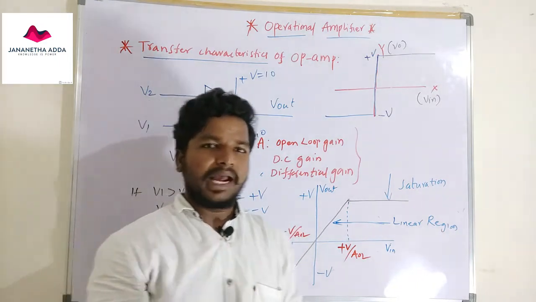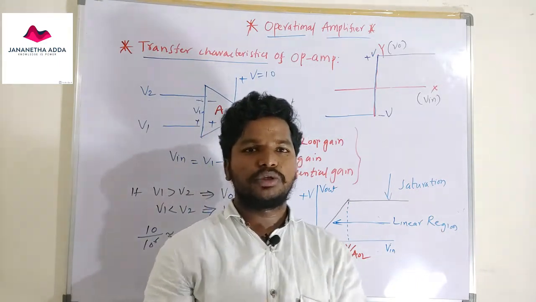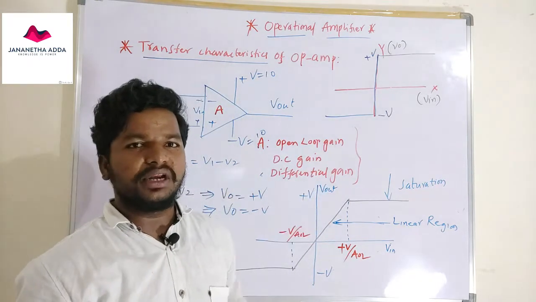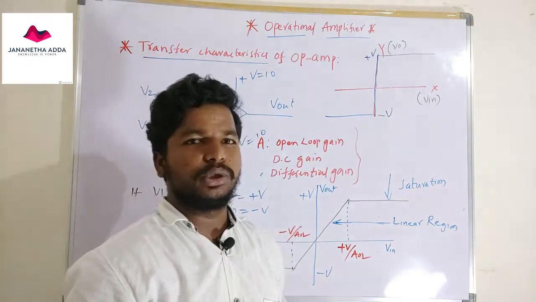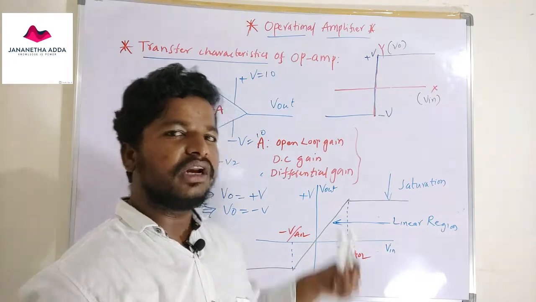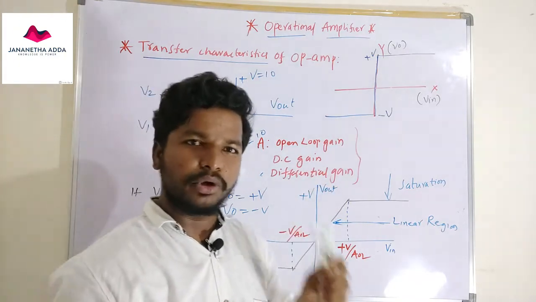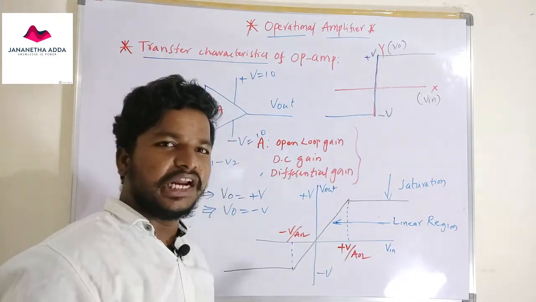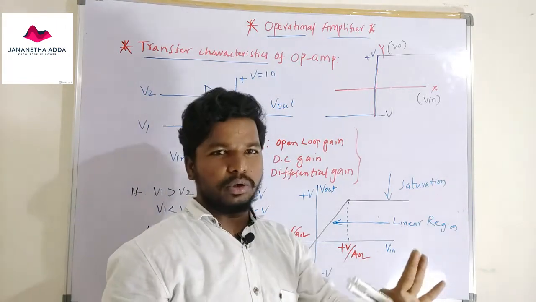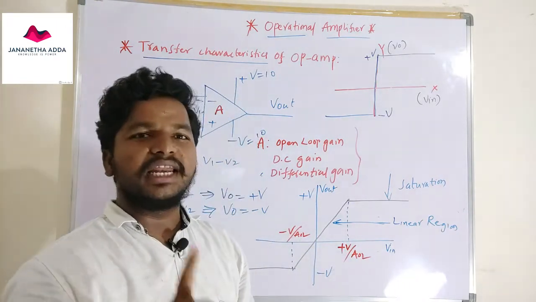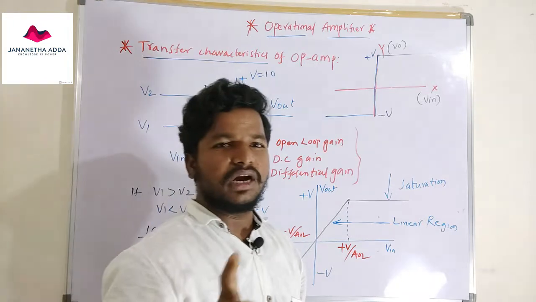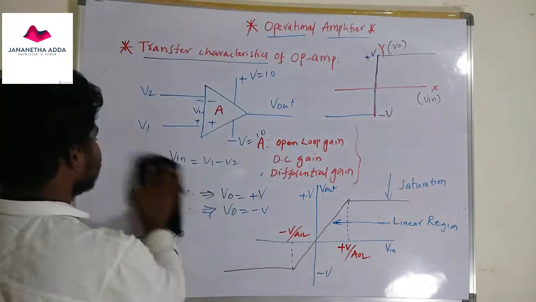The maximum voltage produced at the output is only the positive and negative power supply voltages. In other terms, it can produce the positive rail and negative rail voltages at the output only. It will not produce any infinite voltage, which is not practically possible.